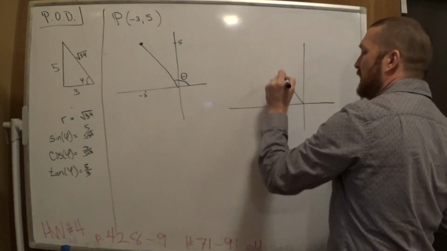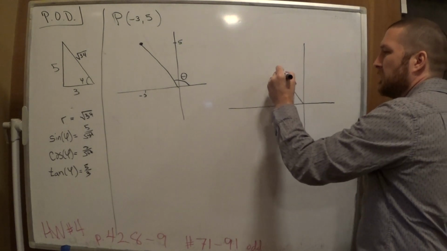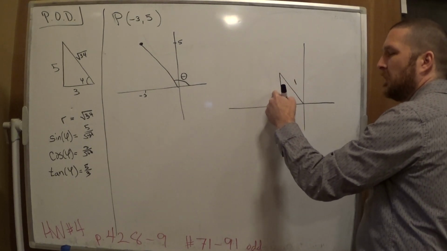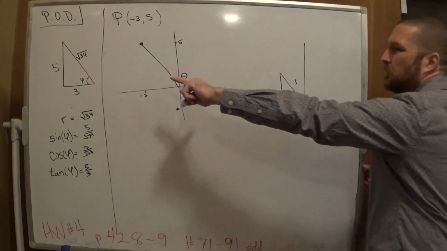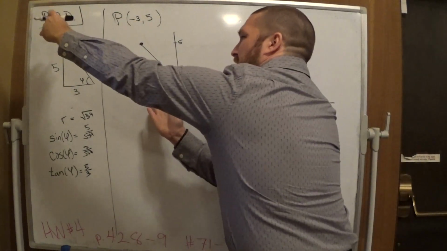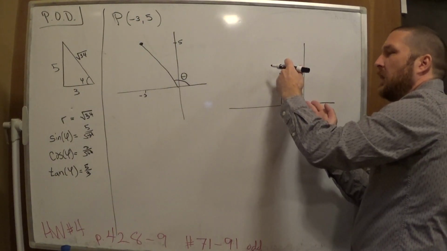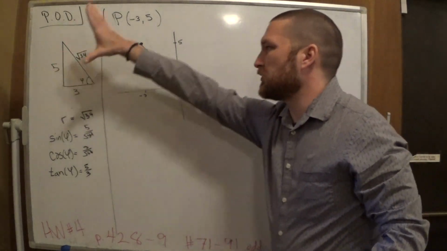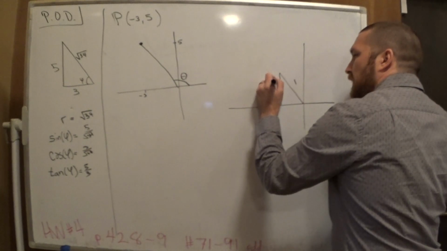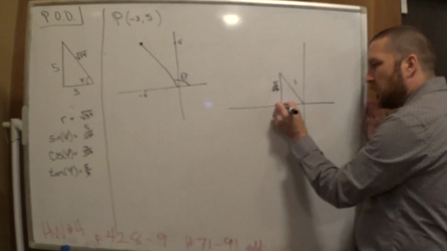If I take my radius r and shrink it down to 1, what would the other sides be? If this length goes from root 34 down to 1, what would I have to do to this number to shrink it accordingly? It'd be 5 over root 34. And this length would be 3 over root 34.